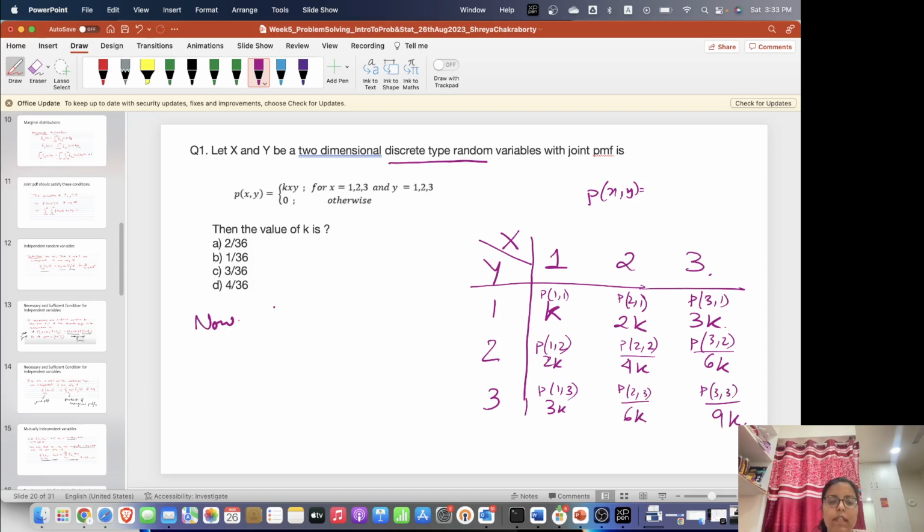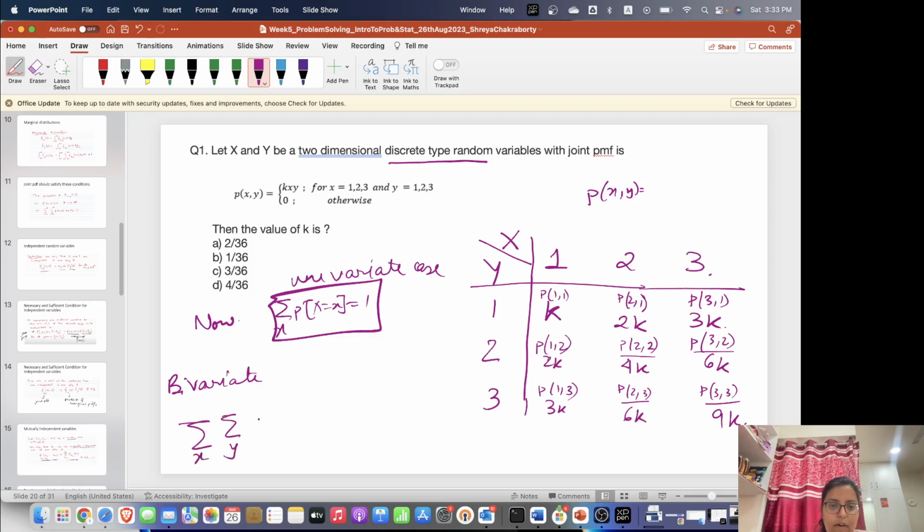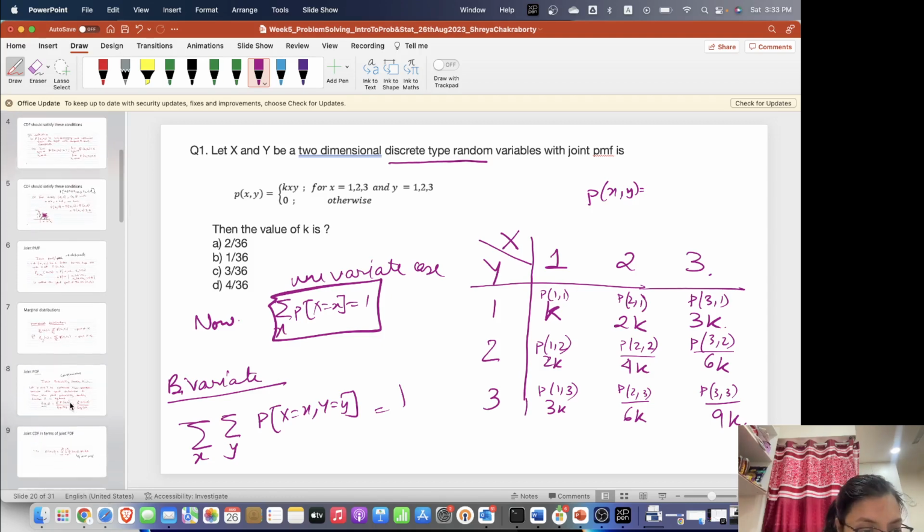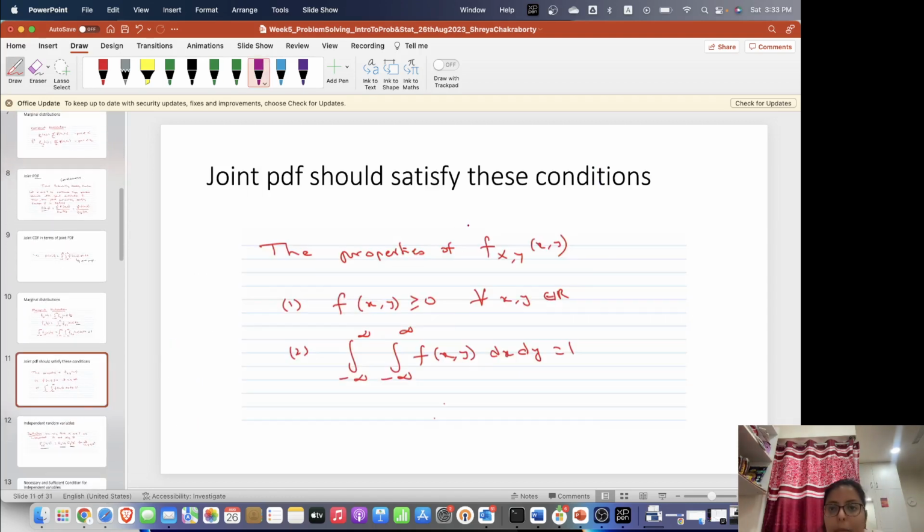Now, if we remember, the summation over x of the probability that X equals x should be 1 in a univariate case. The sum of all probabilities should add up to 1. For a bivariate case also, the summation over x and over y of the probability that X equals x and Y equals y should be equal to 1. Properties of joint PDFs should satisfy these conditions.